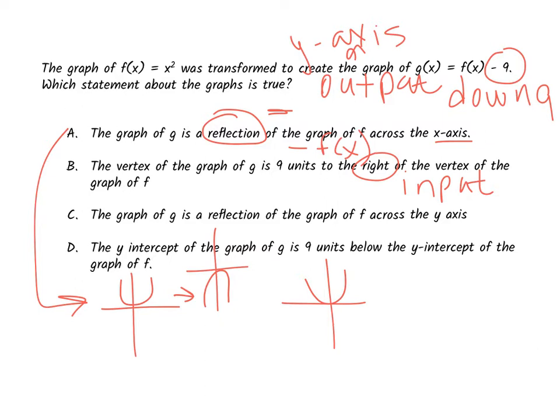And then if I was going to translate it, move it, shift it, slide it, all those mean the same thing, to the right, it would end up being over here. Okay, so that's my input. So that rule would look like f of x minus, now I went to the right. The right is positive, so it's C.